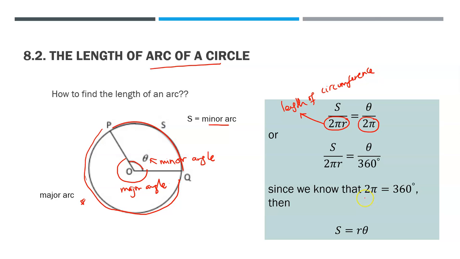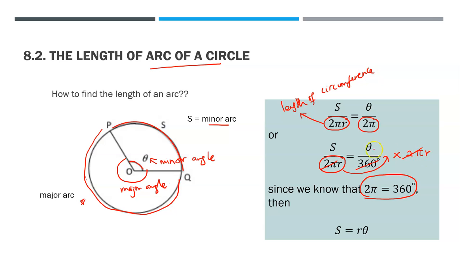But since we know these properties, 2 pi equals 360, we can eliminate the angle. If you bring this to the right hand side, it is multiplied with 2 pi r, then we cancel out.